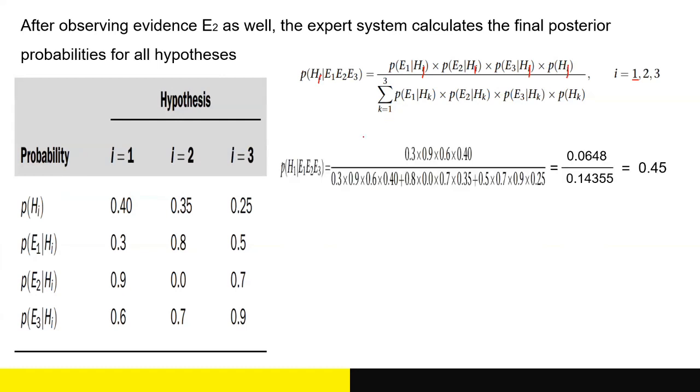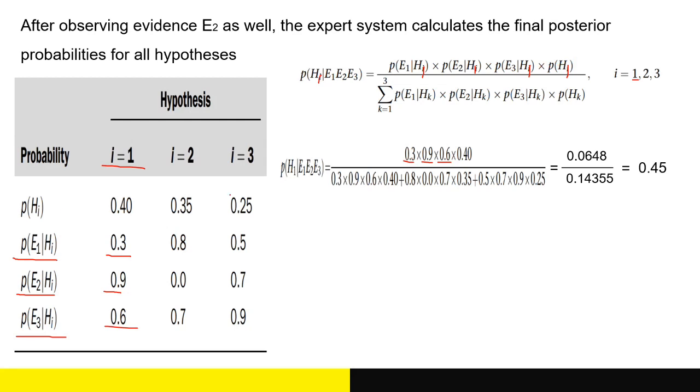So the probability of hypothesis 1 given evidence 1, evidence 2, and evidence 3 is equal to the probability of evidence 1 given hypothesis 1. So our i is equal to 1, and the probability of evidence 1 given hypothesis 1 is 0.3 multiplied by the probability of evidence 2 given hypothesis 1, we have 0.9, and multiplied by the probability of evidence 3 given hypothesis 1, so we have 0.6.